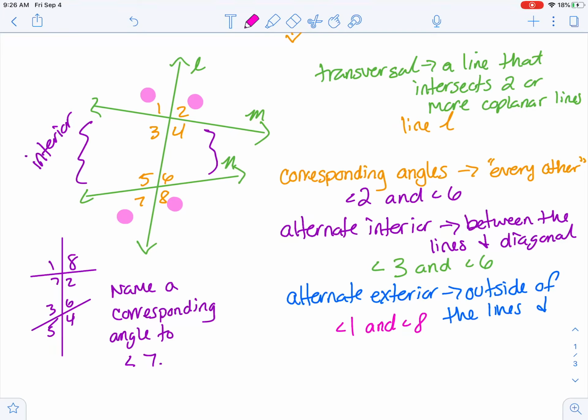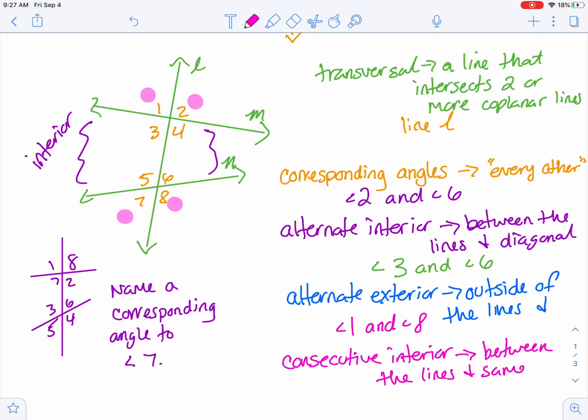All right, your last definition is consecutive interior. Sometimes you're going to see that as interior same side. So consecutive interior. Okay, between the lines and same side of transversal.